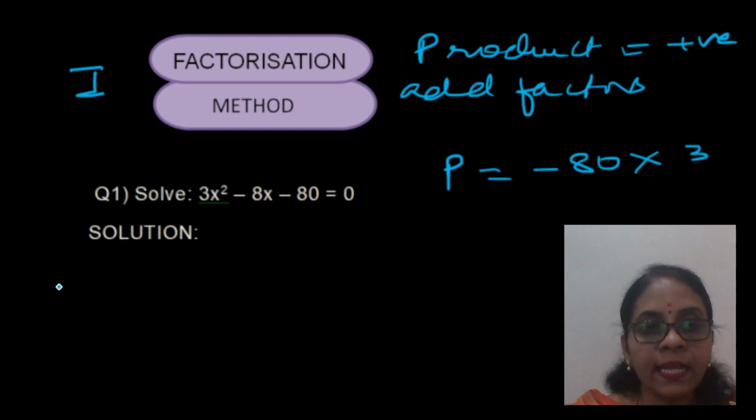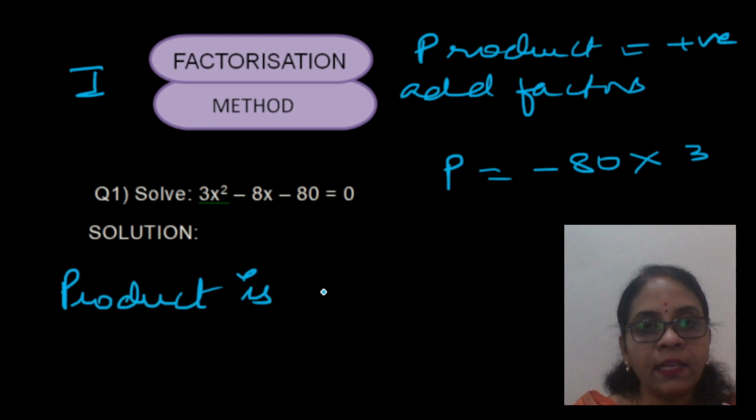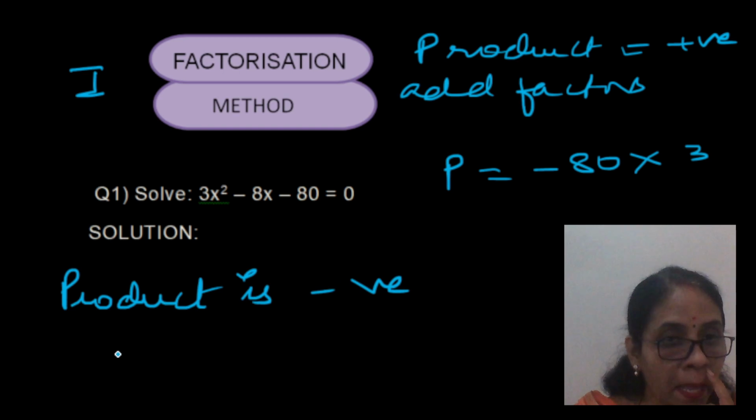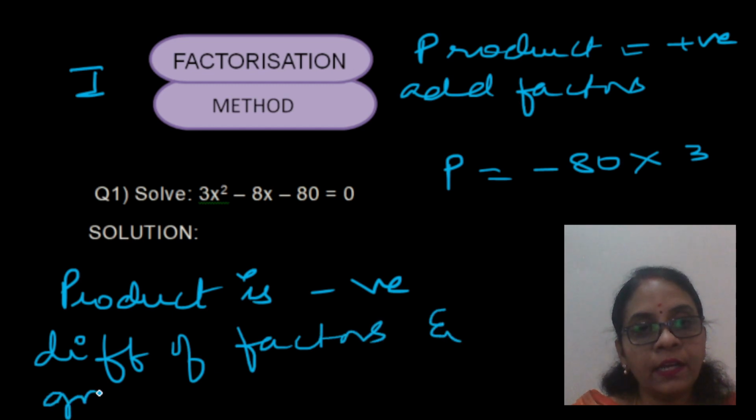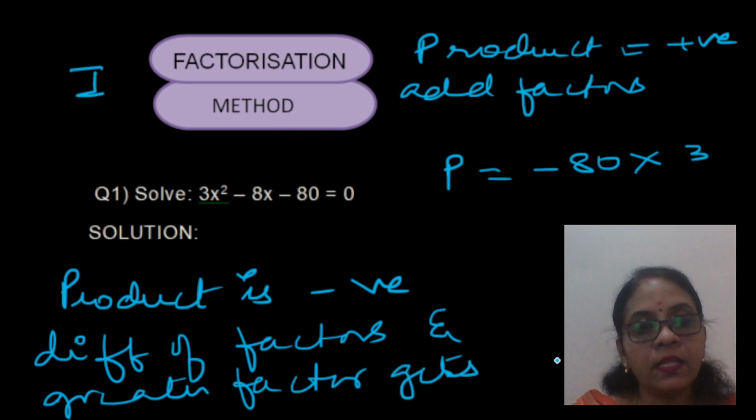If product is negative, difference of factors have to be taken. Difference of factors and greater factor gets the sign of middle term.